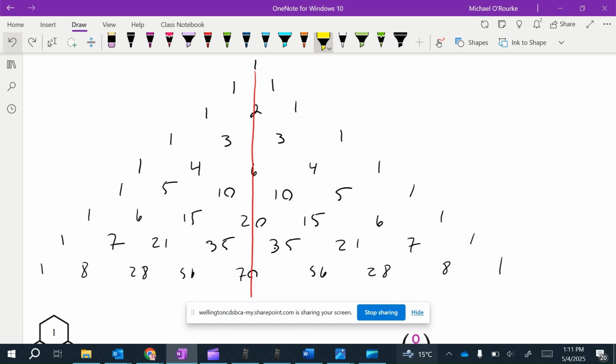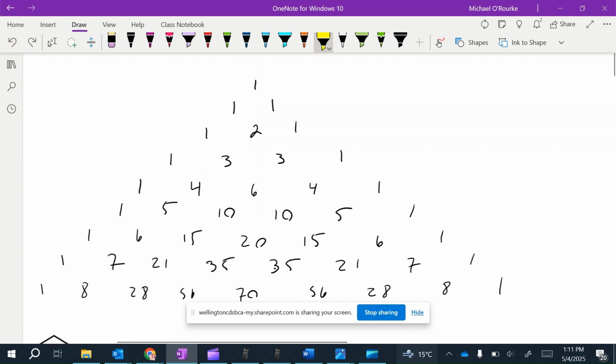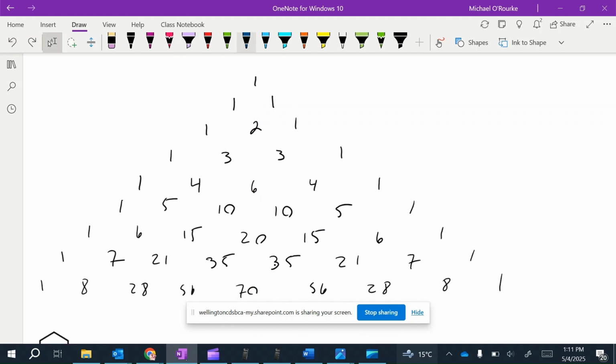There are also other cool things that happen. If we're going sideways, the sum sideways is the same as 2 to the power 0 for the first row. The second row is 2 to the power 1, which is 2. Third row, 2 to the power 2, which is 4, and 1 plus 2 plus 1 is 4.